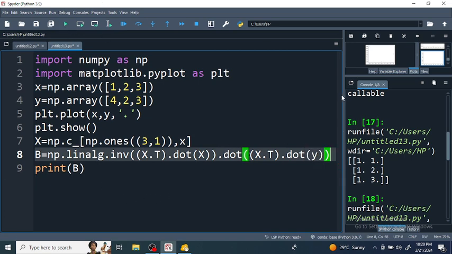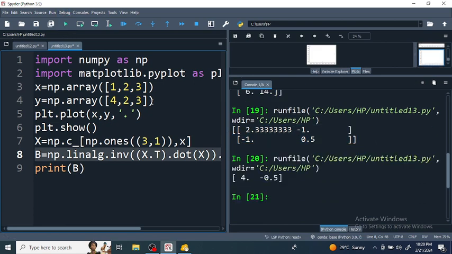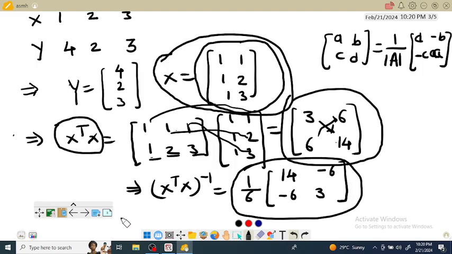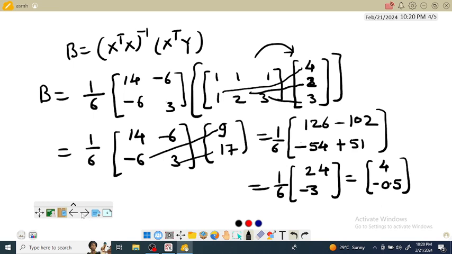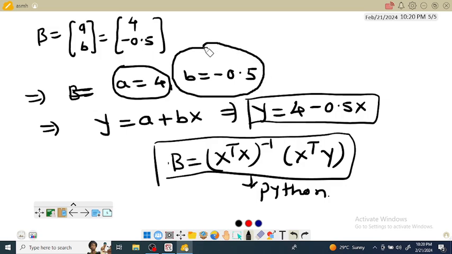So here we use the normal equation, and now if you print here, you will get the values: a is 4 and b is minus 0.5. We obtain the same values here. So here are the values: a is 4 and b is minus 0.5.